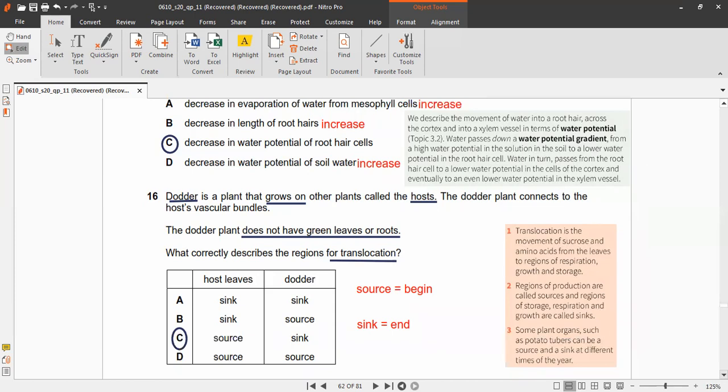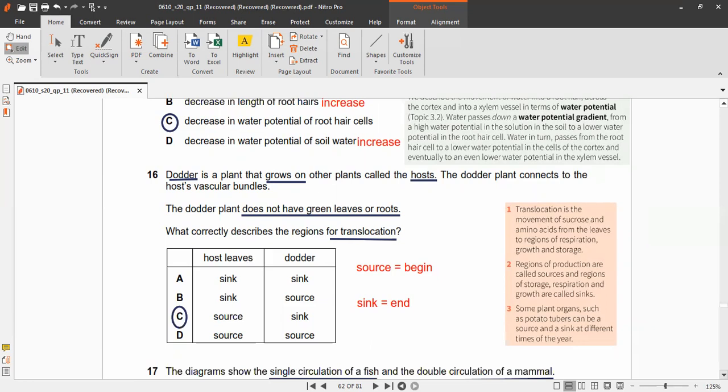Dodder is a plant that grows on another plant called the host. The dodder plant connects to the host's vascular bundles. The dodder plant doesn't have green leaves or roots. What correctly describes the regions for translocation? The host leaves and dodder. The host leaves are the source, the beginning of the journey of translocation.